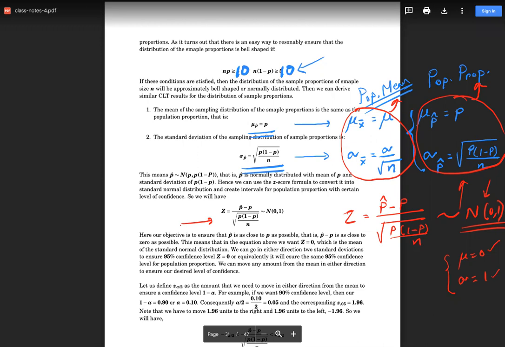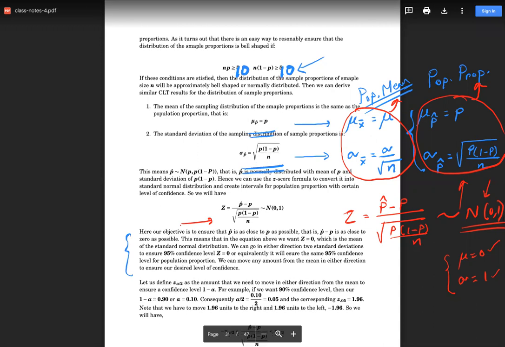All right. There's a little bit of explanation here. You may want to read it if you'd like. You can see this is just a qualitative analysis. z is equal to p hat minus p.